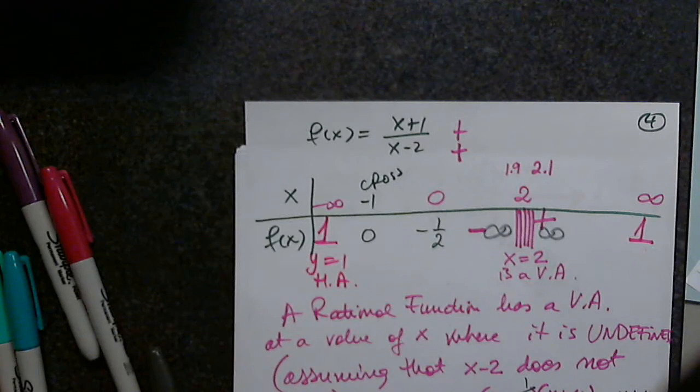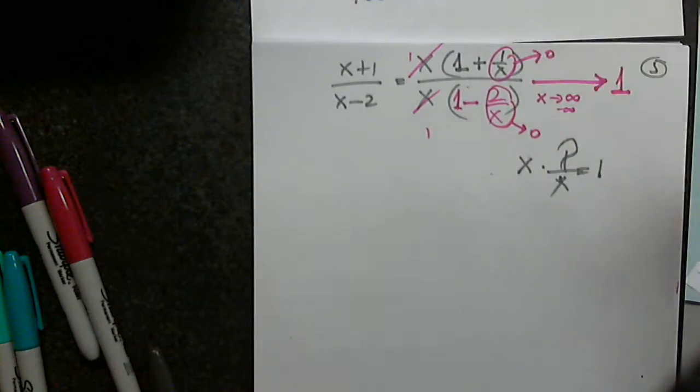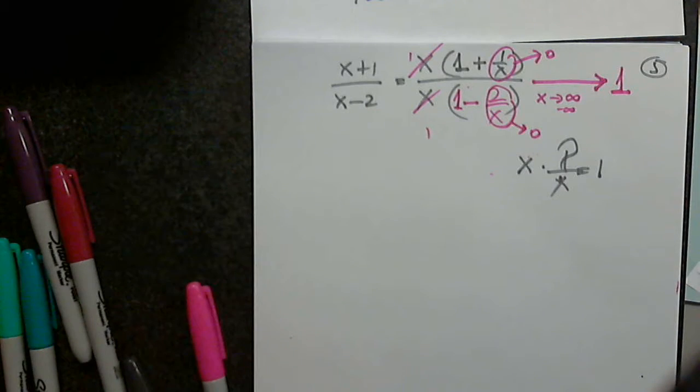And let's talk about that. What is the meaning of a horizontal asymptote? Okay, so let's write it.